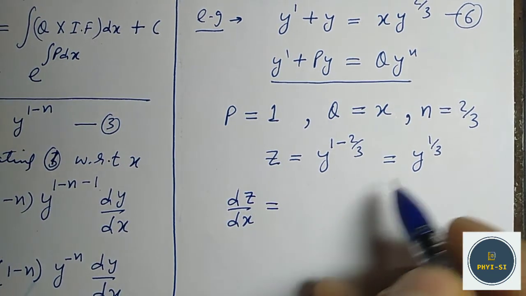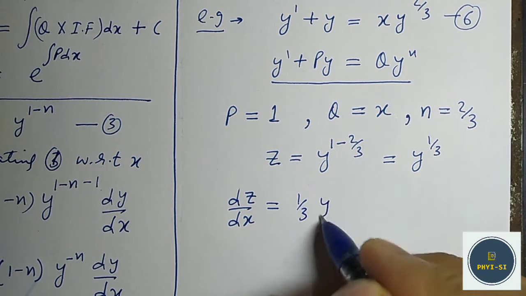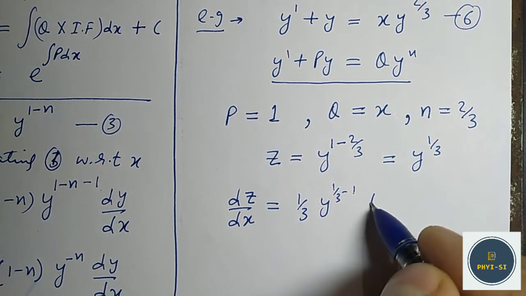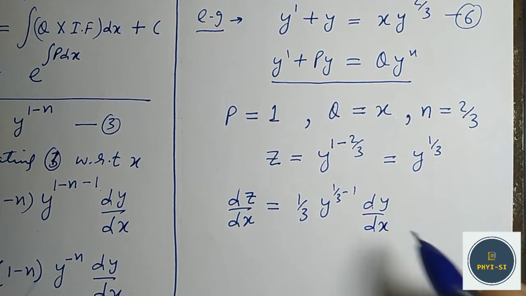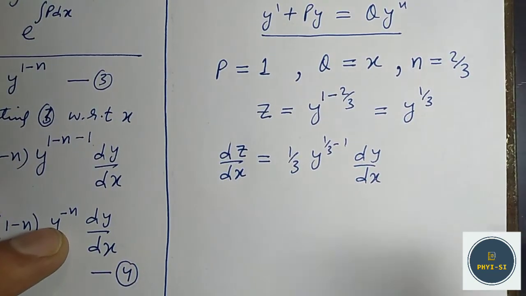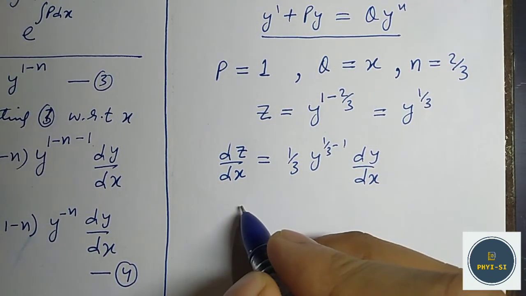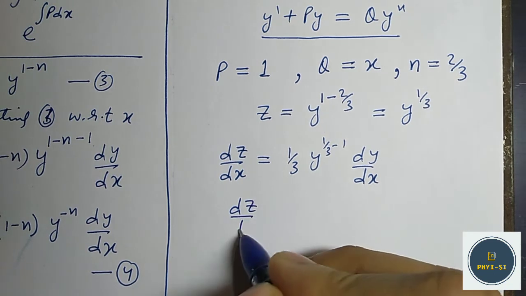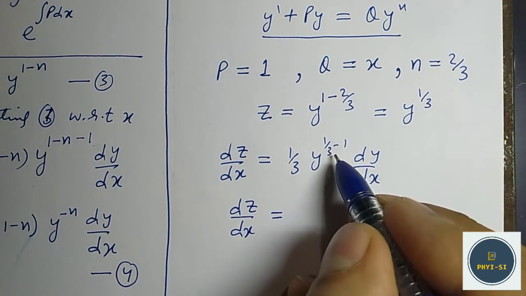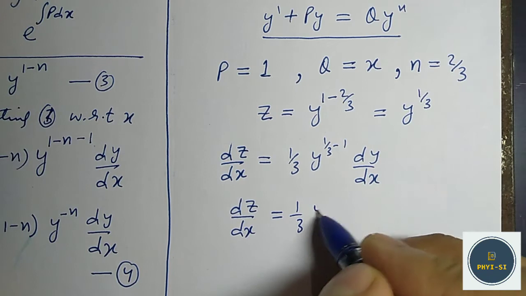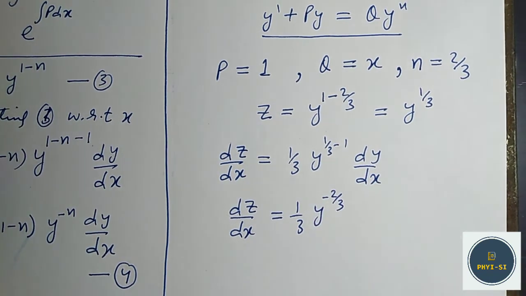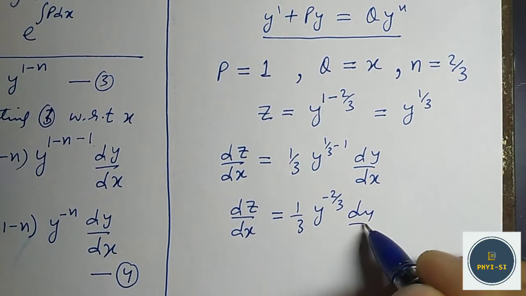Differentiating this with respect to x, it will go 1 by 3 y raised to power 1 by 3 minus 1, and then dy by dx. So dz by dx is equal to 1 by 3 y raised to power minus 2 by 3, and then dy by dx.